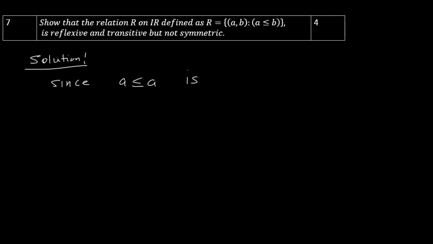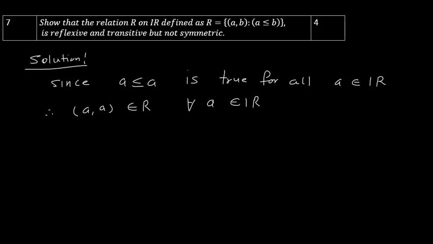Now since a is also less than or equal to a, that is a equals a, this is true for all a belongs to real numbers. We will say that (a, a) belongs to relation for all a belongs to real numbers. Therefore, relation R is reflexive.